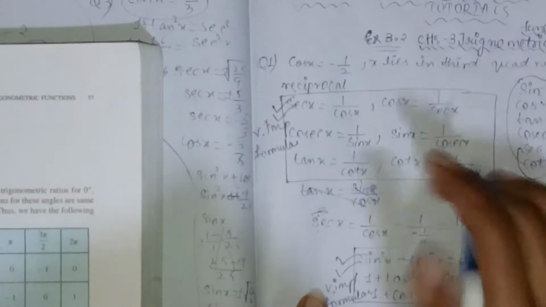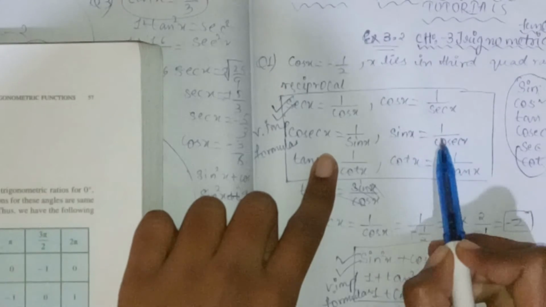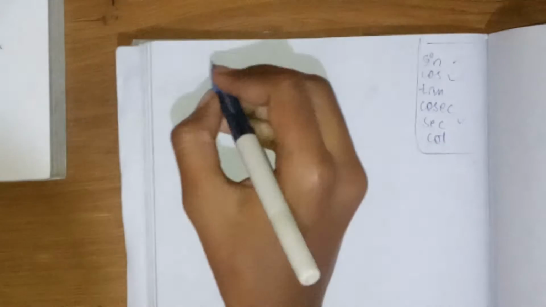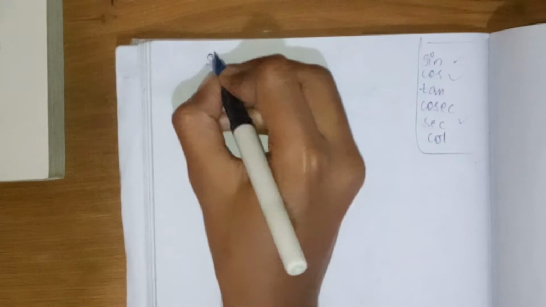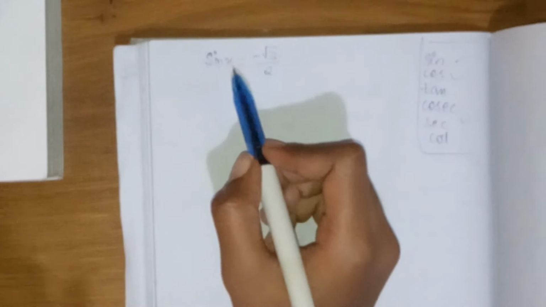So automatically when we get sine, we can find cosecant, which is the reciprocal of sine. So we got sine x, that is minus root 3 by 2, and automatically we can find the cosecant because it is a reciprocal.